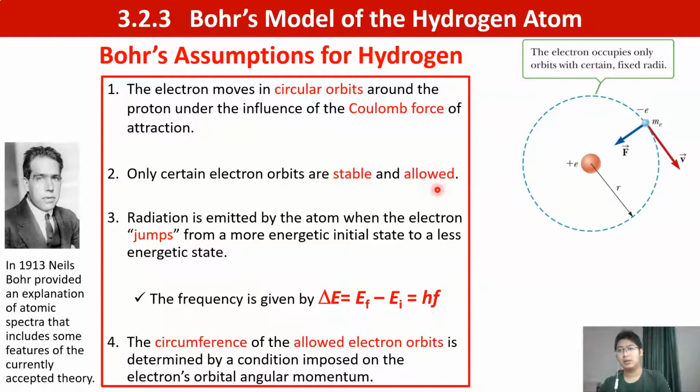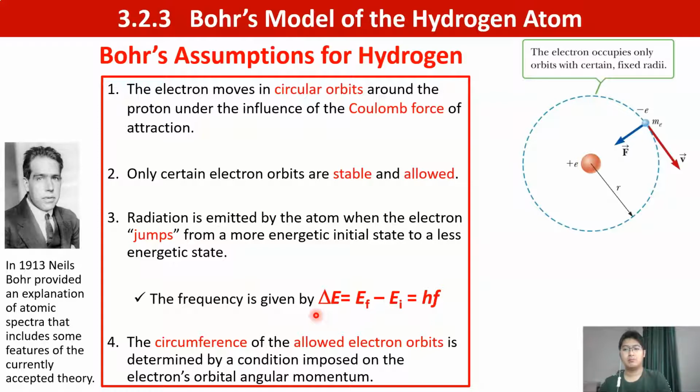Third one, radiation is emitted by the atom when the electron jumps from a more energetic initial state to a less energetic state. The frequency is given by this equation. This is also a very important equation.